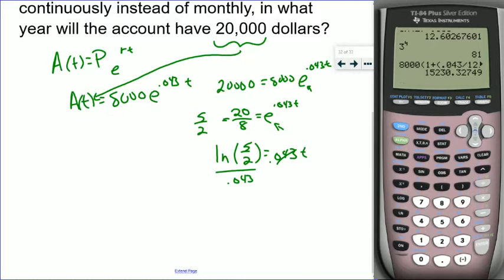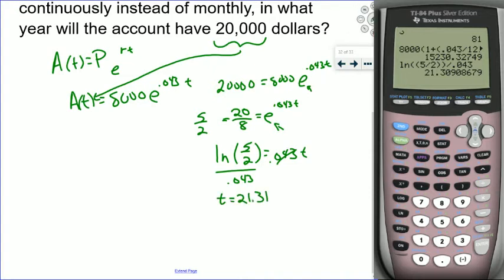So if we hit ln of 5 over 2 divided by 0.043, we get this number, 21.31-ish. So this is going to be t equals 21.31. But remember what the question asks.